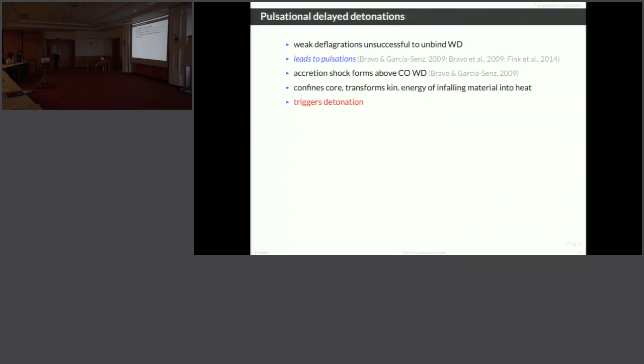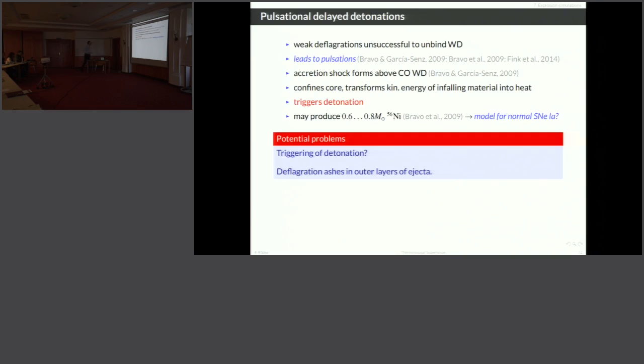This confines the core, transforms kinetic energy of the infalling material into heat, and triggers a detonation. That's at least the claim there. It has not been shown in detail that this really works, but if a detonation triggers, then the claim is that 0.6 to 0.8 solar masses of nickel-56 could be produced as a model of normal type 1a supernovae.